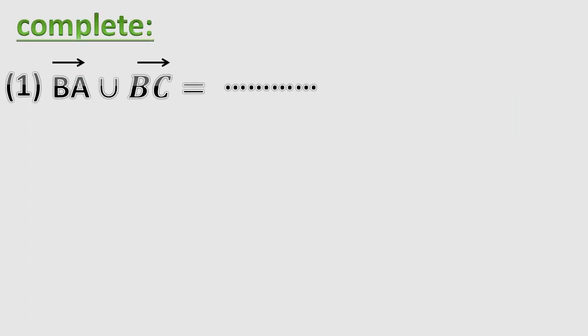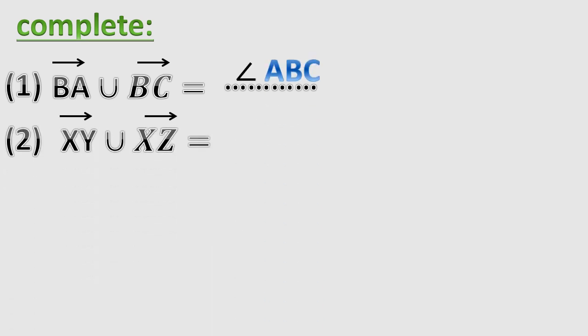Now complete: the ray BA union the ray BC equals. The 2 rays here have the same starting point B, so here I have an angle ABC. Another one, 2 rays XY and XZ, the union of them equals.